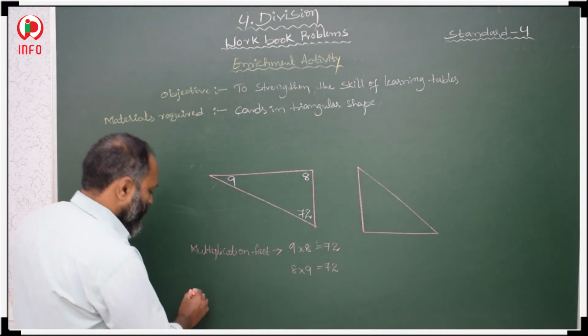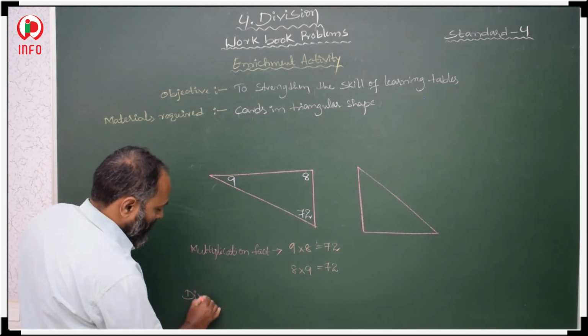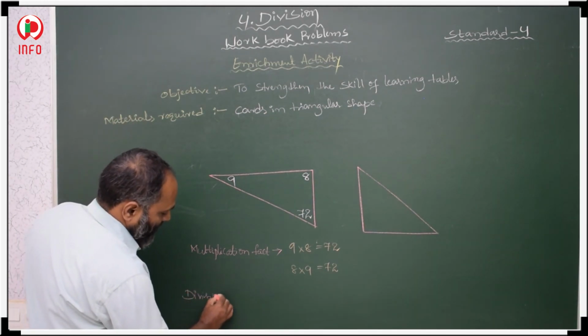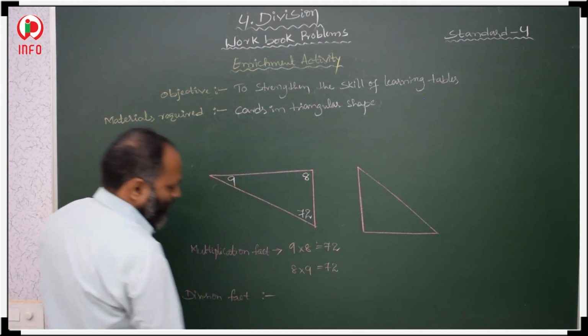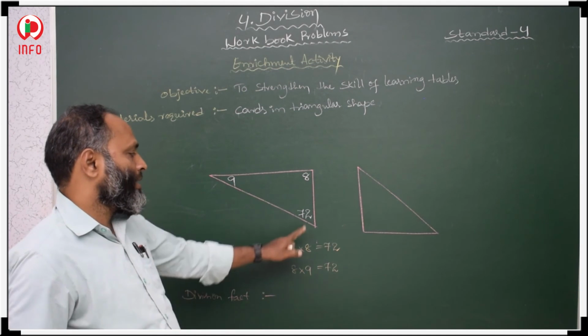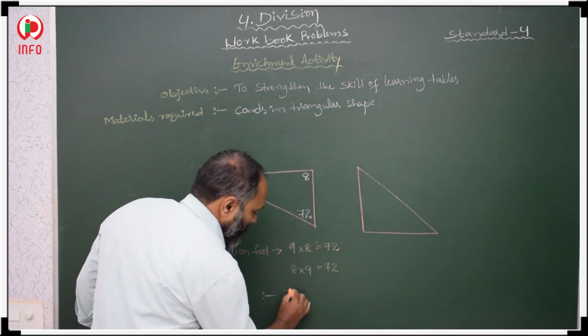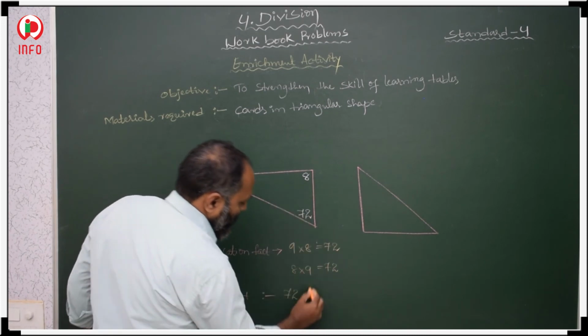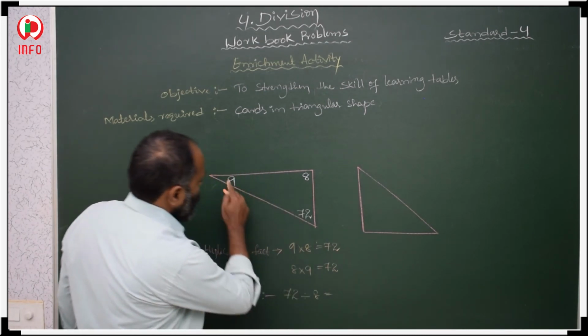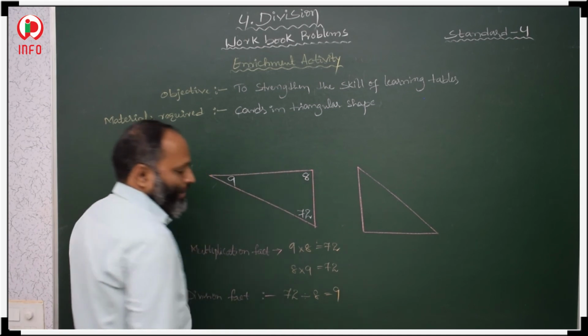Now, what is the division fact? First we take 72. If 72 is divided by 8, then what is the quotient? The quotient is 9.